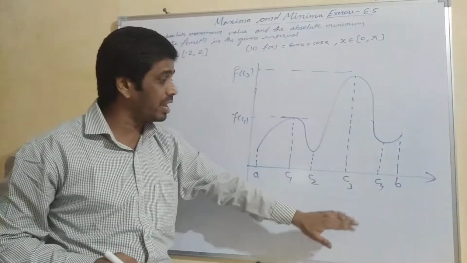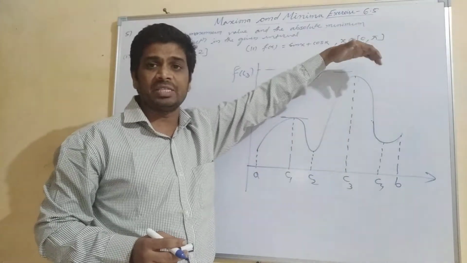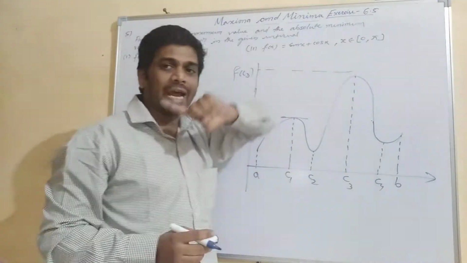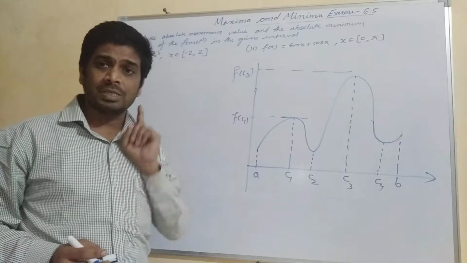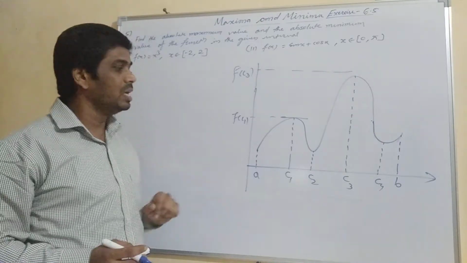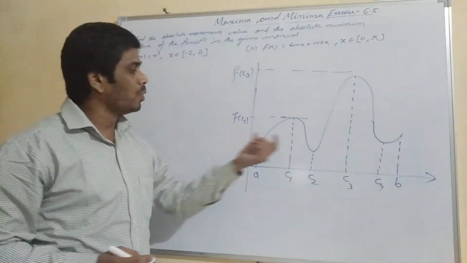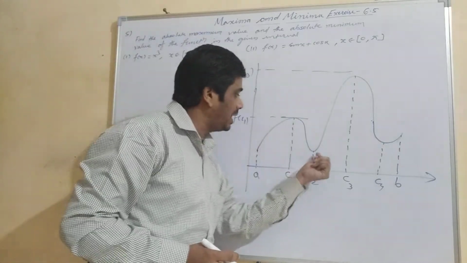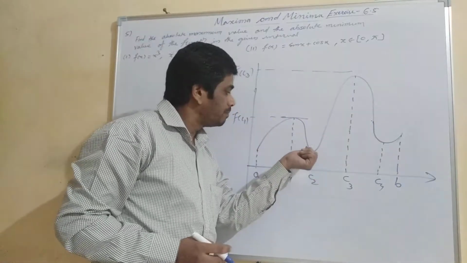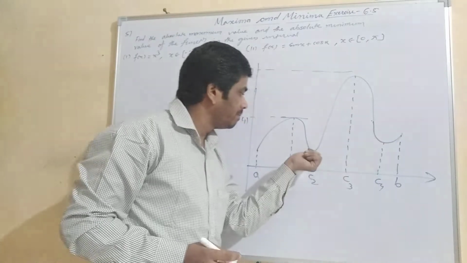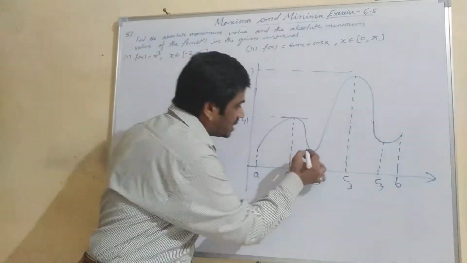Wherever we get the biggest number, the greater number, that will be the absolute maxima. Similarly, for absolute minima, we check which valley is the lowest.